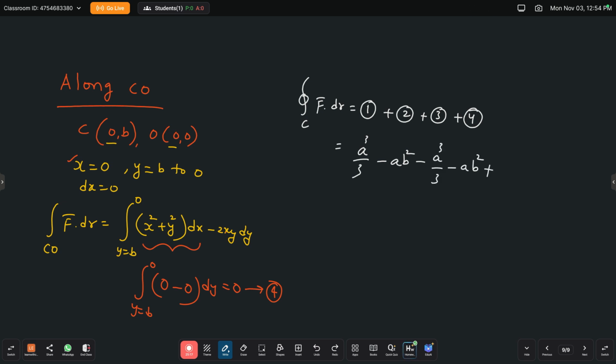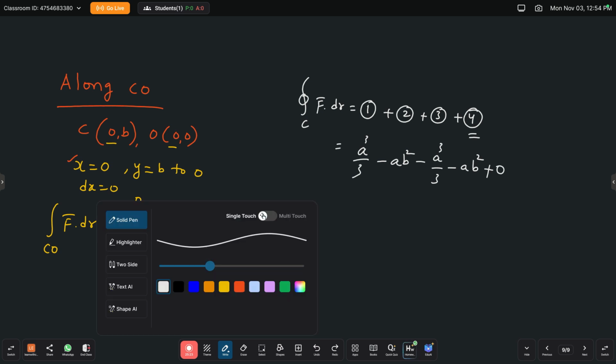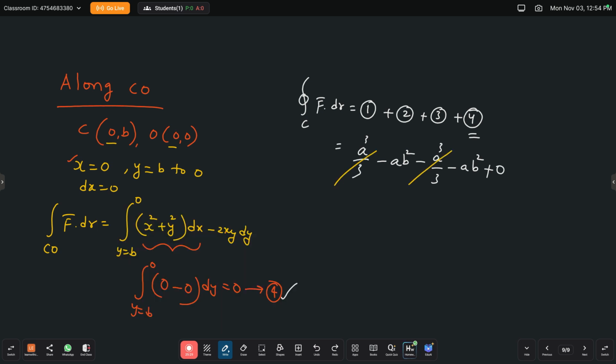And the fourth value is 0. Here these terms get cancelled, and we have minus 2ab square. That means the work done, the total circulation of the curve given in the problem, is minus 2ab square.